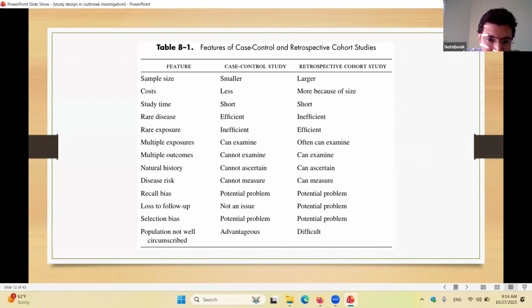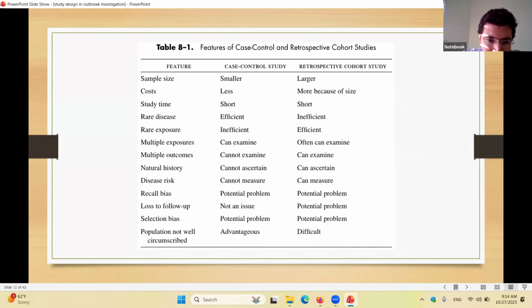Selection bias is proposed for both case control studies and retrospective cohort studies. For both of them, we can potentially have selection bias.